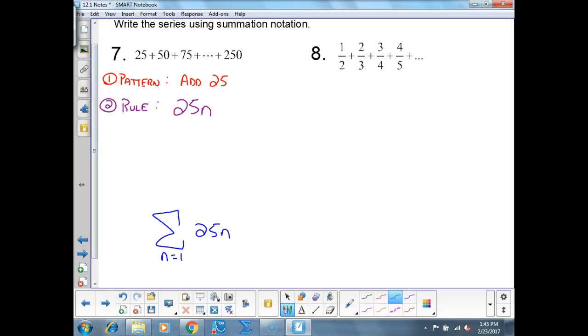Well, use the rule. My rule is 25n. My last term is 250, so that was going to be the 10th term if I solve that for n. So my upper limit then is 10.